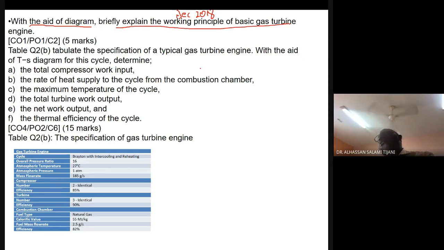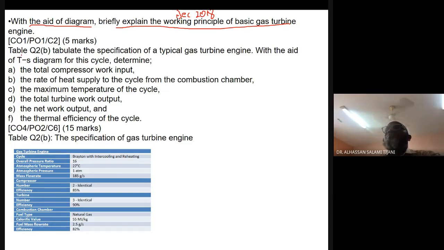So this you can easily look into your lecture notes. So the main components involved in the gas turbine is the compressor, okay, and then we have the combustion chamber, and we have the turbine. You understand me? Okay, so very simple one, you can describe like that.